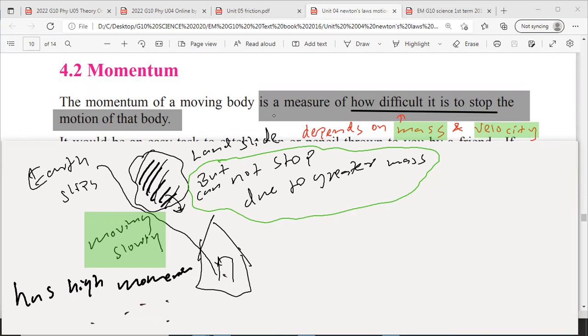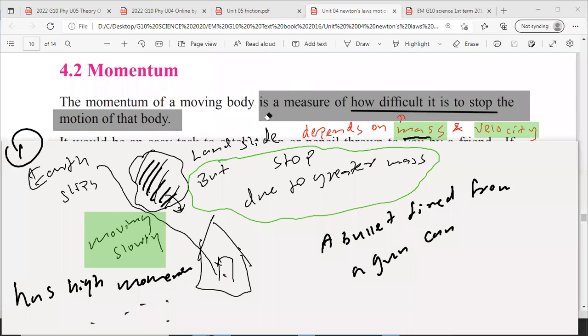I'll write like this. Momentum is defined as the product of the mass, so mass, in simple terms m, and the velocity v of an object.